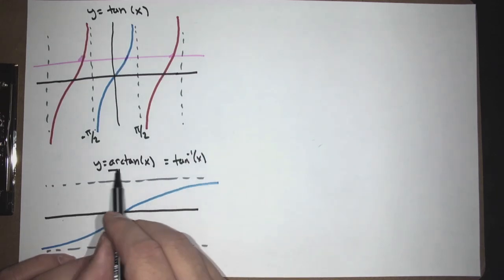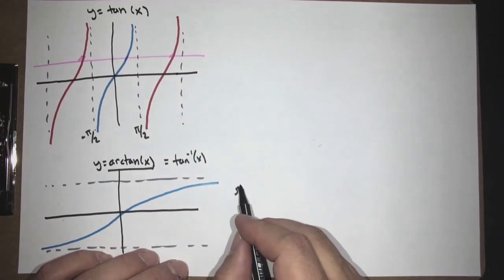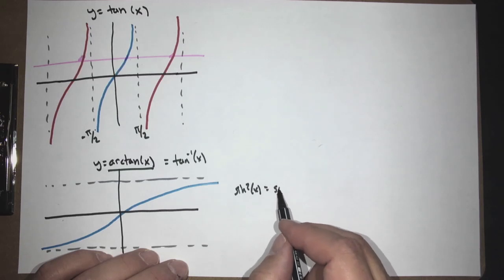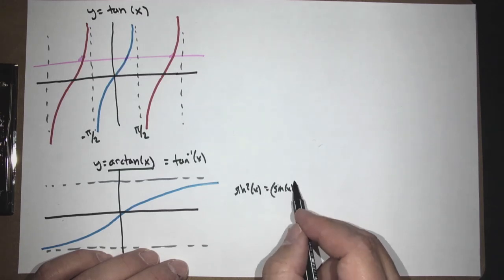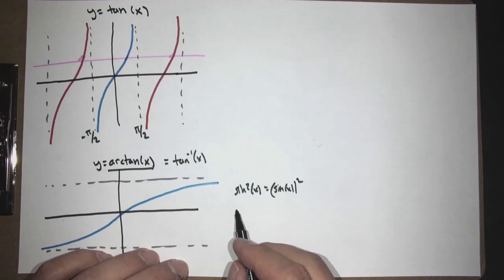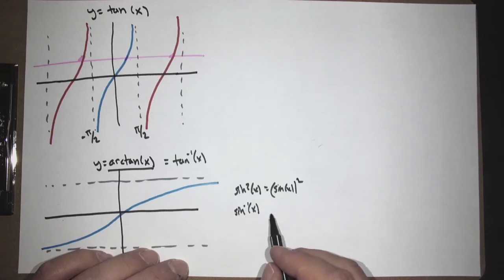However, I strongly encourage you to think arctangent, because there's this really bad notation that happens with trig. What is sine squared of x? Well, that's sine of x squared. That's what we mean. What is sine inverse of x?